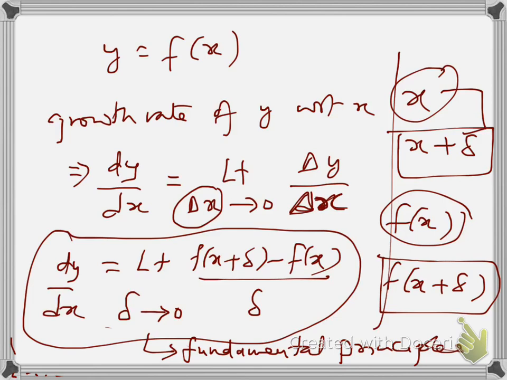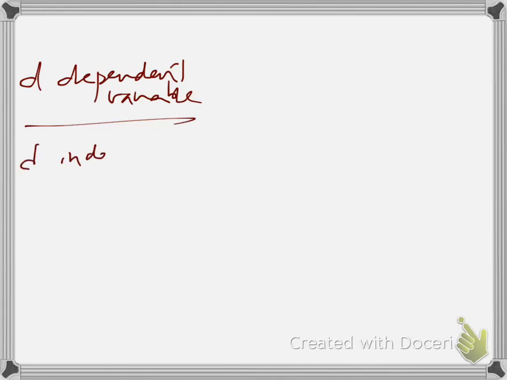Okay. So if you want it in the English language, I can write d of the dependent variable by d of the independent variable. The derivative of y with respect to x, dy by dx we wrote. Instead of y I wrote dependent variable, instead of x I wrote independent variable.